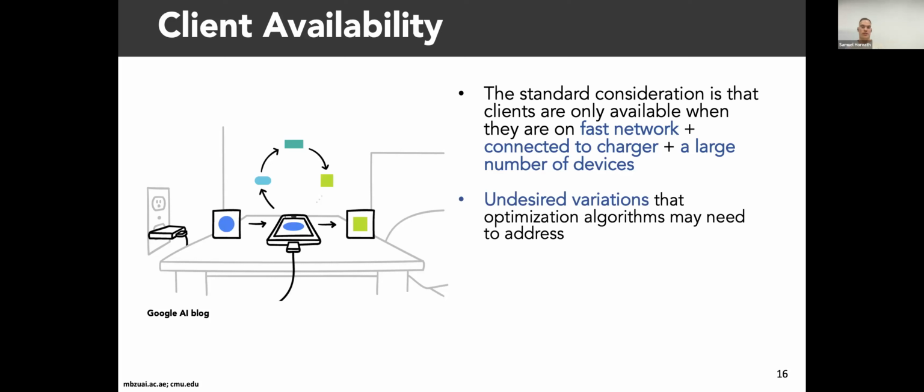On top of that, based on these criteria, clients will typically be available to participate in training only during the nighttime, because this is when people are at home charging their devices. Unfortunately, this could introduce undesired variations that optimization algorithms may need to address. This is still an open question, because there are many works on how to handle partial participation, but the typical assumption is that we actually have control of the distribution of clients, which is very unrealistic.